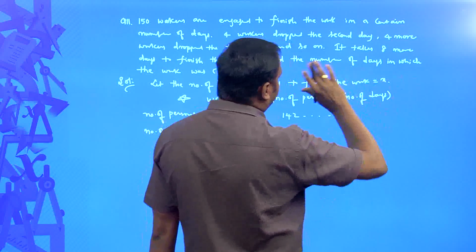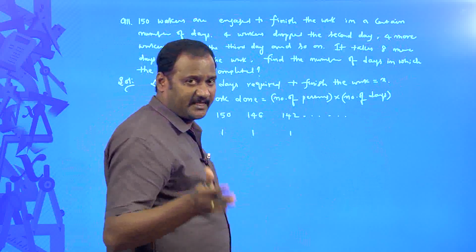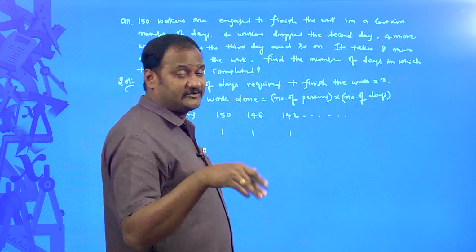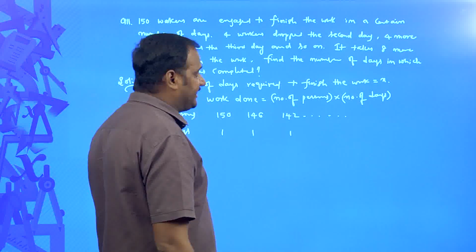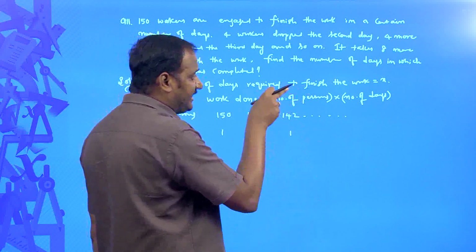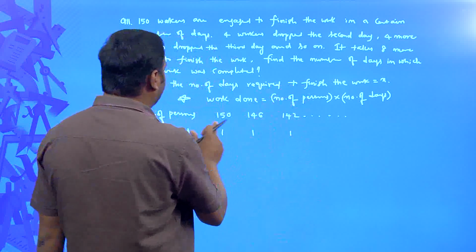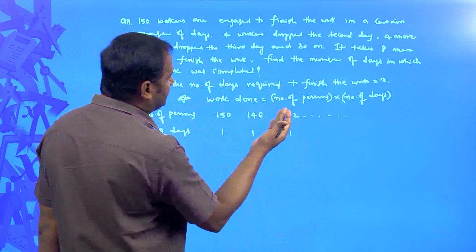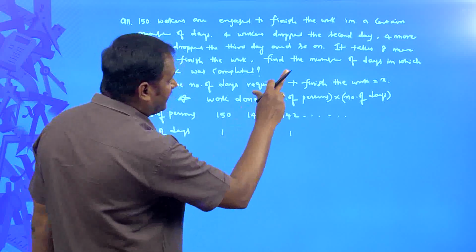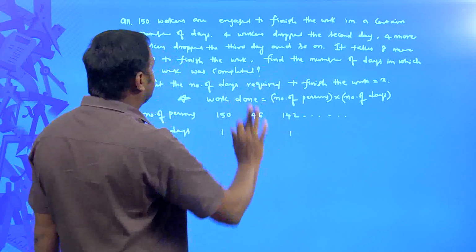Within x days the work has to be completed if 150 workers are engaged throughout the work period, but since 4 are decreasing, how many workers will be there and how many working days will be there? See here, the number of persons we do not know, but the working days will be how many? There are 8 more days to finish the work.